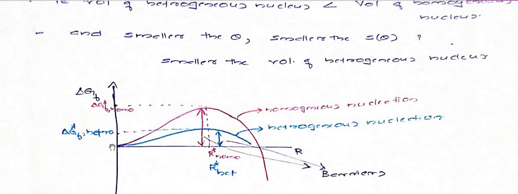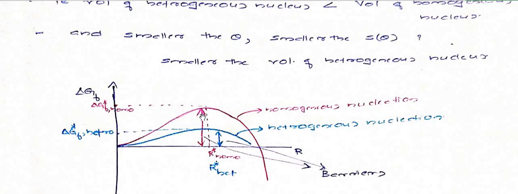If we plot the graph, we can see that this is the homogeneous nucleation curve. The free energy for the homogeneous nucleation goes like this, with variation of R. And if we plot the heterogeneous nucleation, the curve will look like this. That means both the peaks are at the same point; R star of the homogeneous is the same as R star of the heterogeneous.